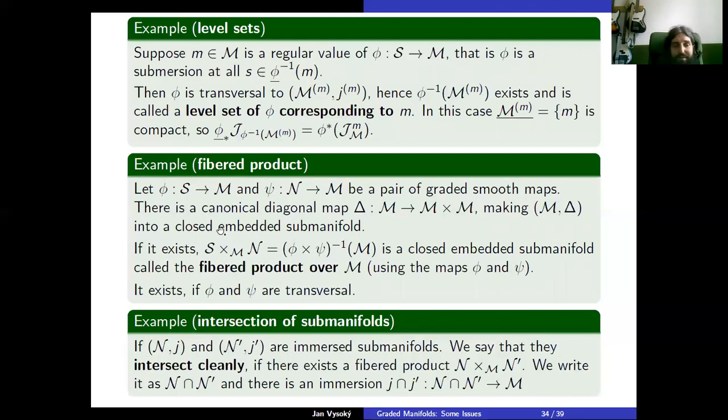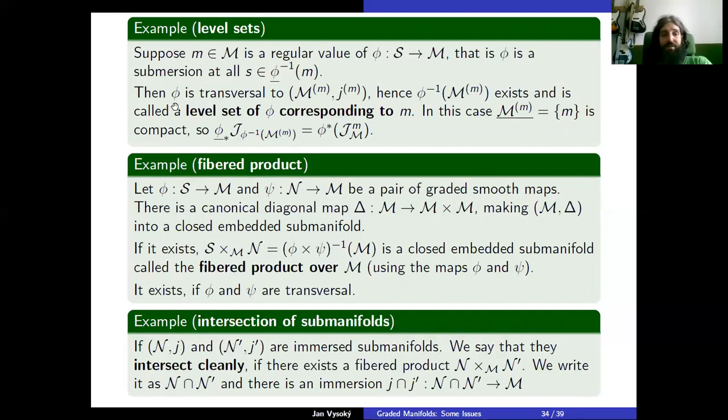So some examples. For example, what is a level set of a map between two graded manifolds? You have to assume that M is a regular value of your map, which means that at all points from the inverse image of M, phi is a submersion. It's the same definition as in the ordinary case.